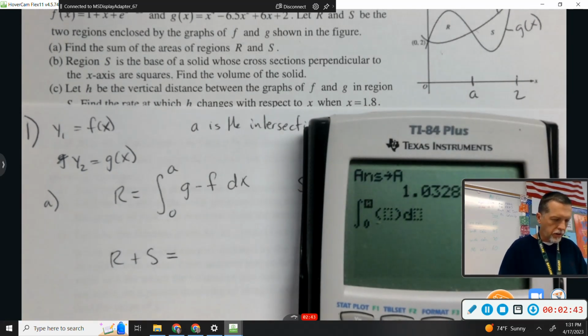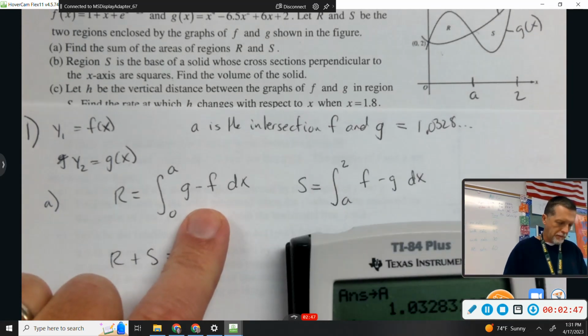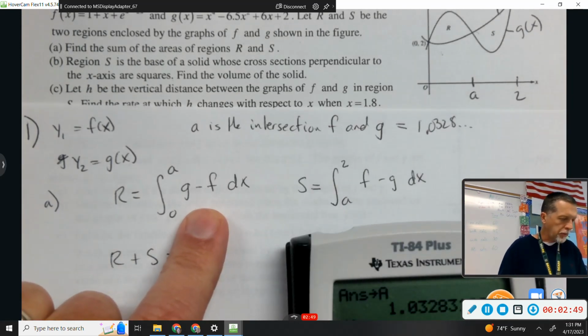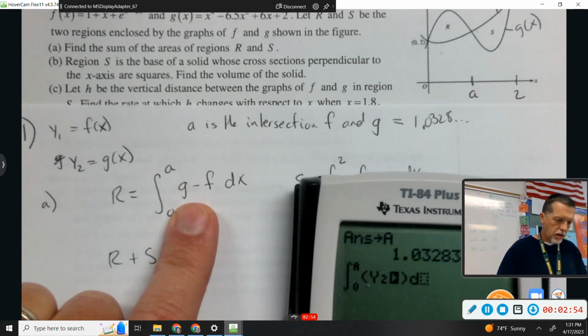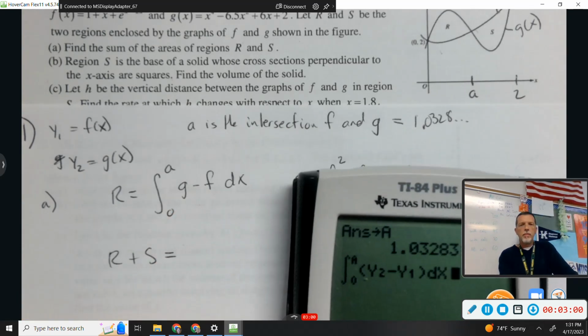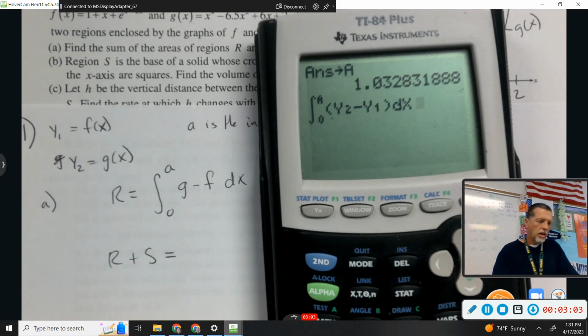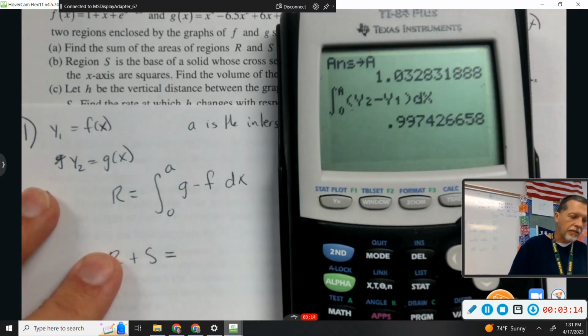So 0 to A. Be careful about who's G and who's F here. So y2 minus y1 will be region R. I'm just going to hit enter because if I get a negative number, that means I did something wrong. So I'm going to look and see what my answer is, just to see that at least it's not negative.